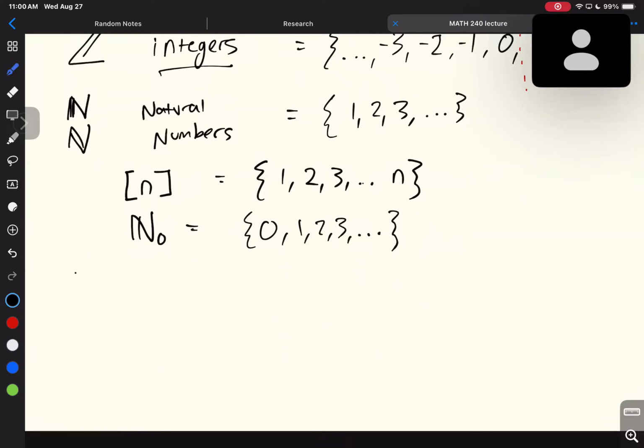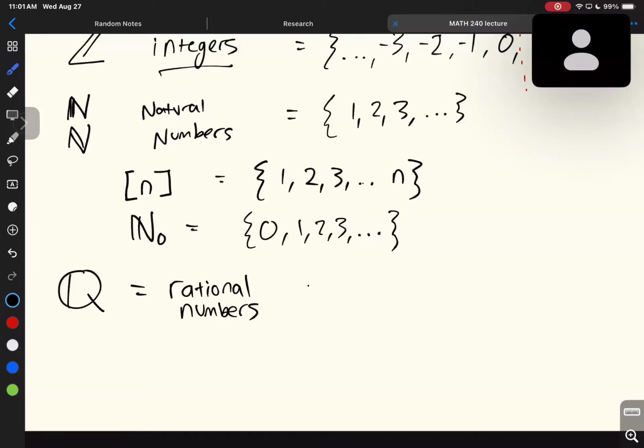Next we've got the Q, which is the rational numbers. We also call them just the rationals. And these are all numbers that you can write in the form of a fraction.